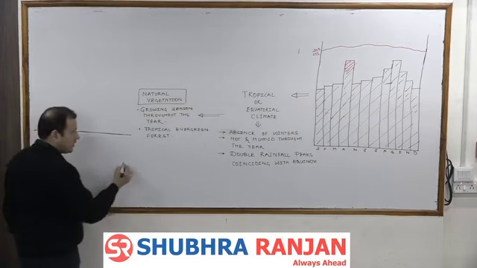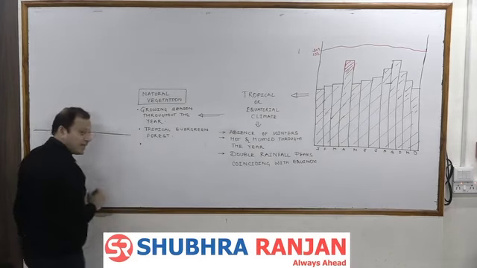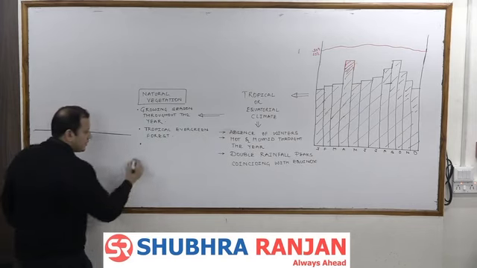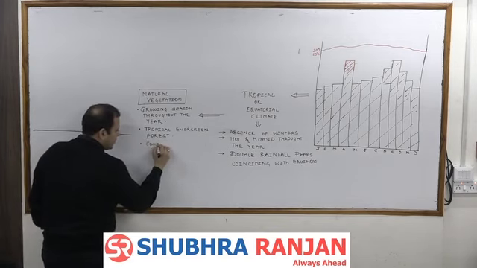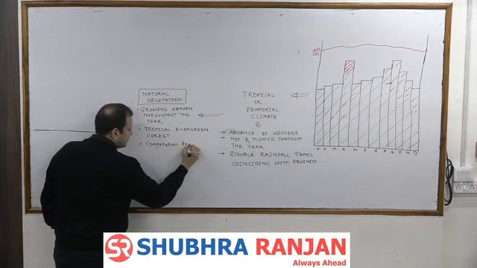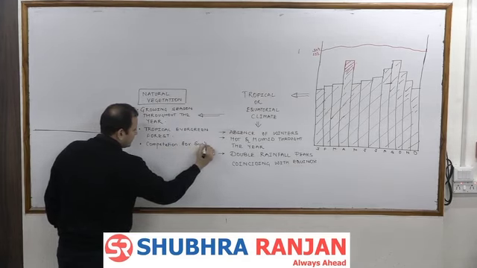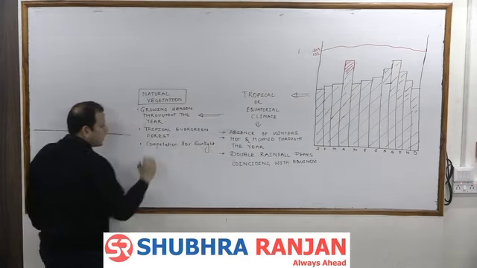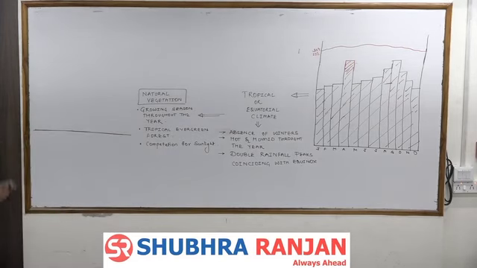So because the trees are growing throughout the year, what is the chief characteristic of trees? Everyone has to make food, so there is a competition for sunlight. And because there is a competition for sunlight, understand what is happening.